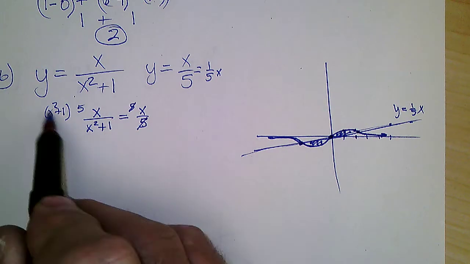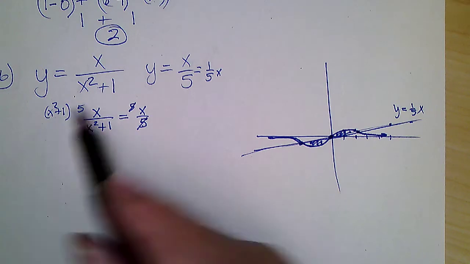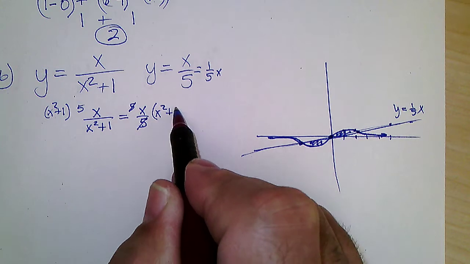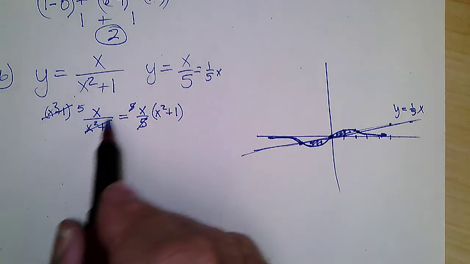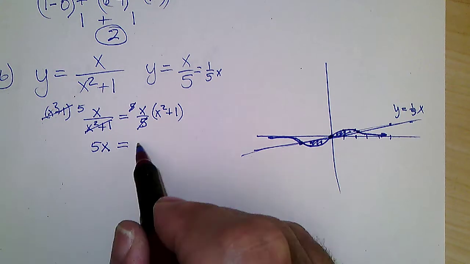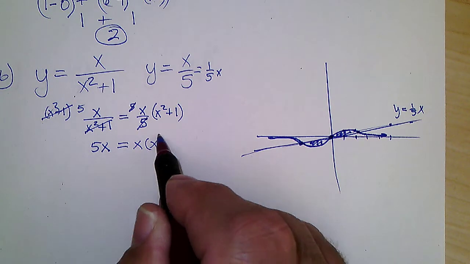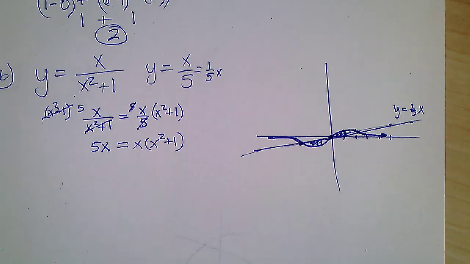And I can do that and not lose any solutions because x squared plus 1 is never 0. So those would cancel, and I get 5x equals x times x squared plus 1, and I could multiply that in there, but I don't want to.